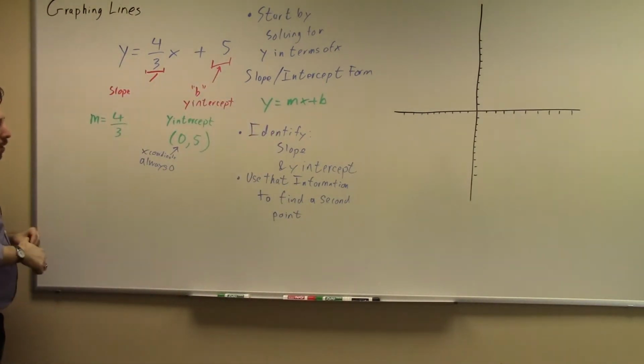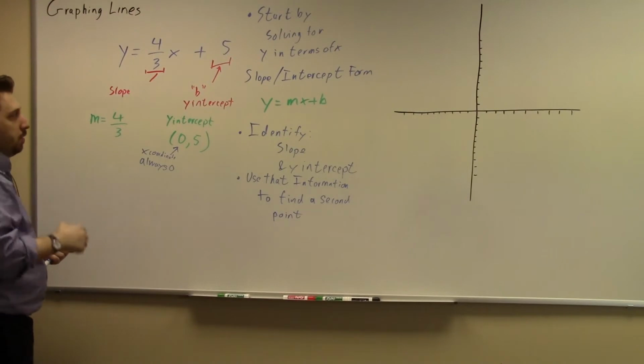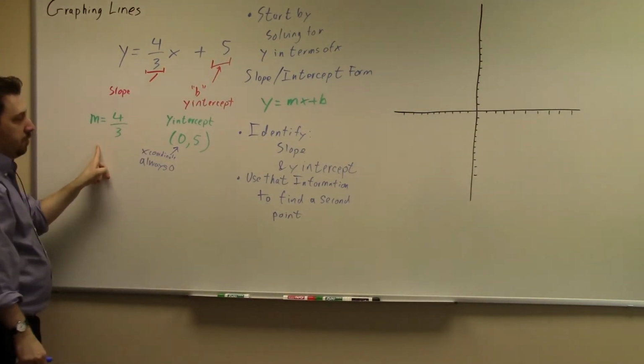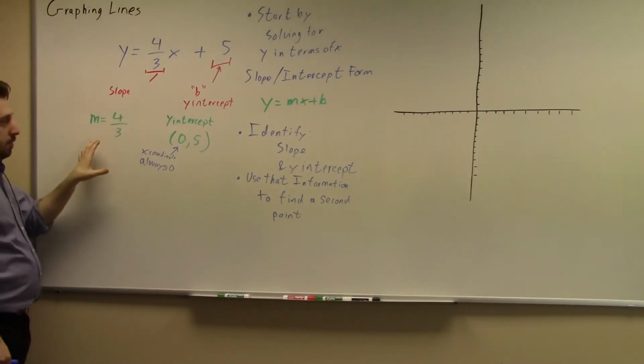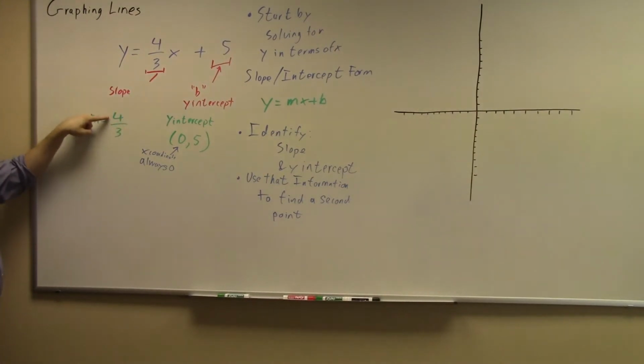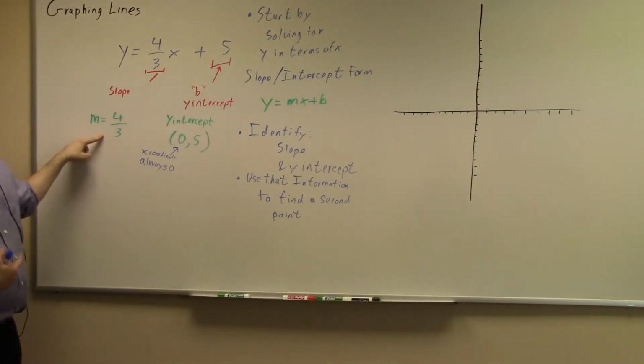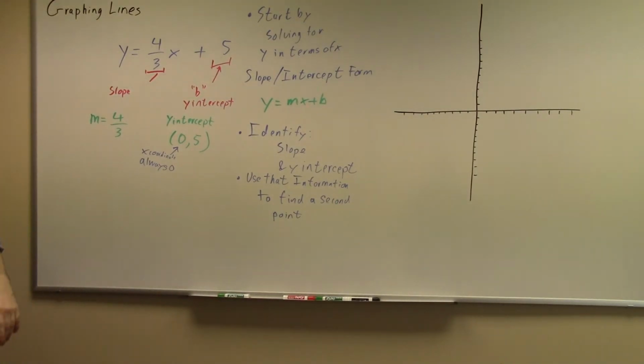Now, what a lot of people will do here is they'll start at their y-intercept on the graph and they'll move over 3 and they'll move up 4 because this is our rise and this is our run. And what I'm going to do here is going to be a little bit different.